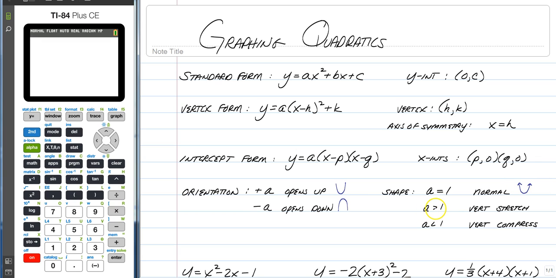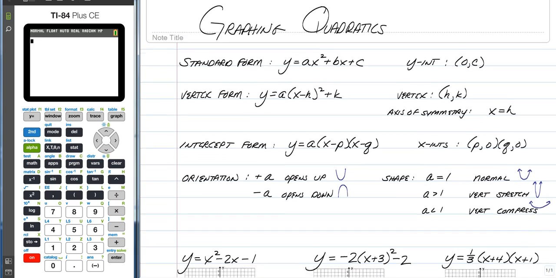But if a is bigger than 1, then it's going to be vertically stretched. So it's going to look a lot skinnier, but it's basically just rising a lot quicker. And if a is less than 1, not negative, the negative tells you it opens down, but any number less than 1, it's going to make your graph vertically compressed. Okay, so that's what the a does.